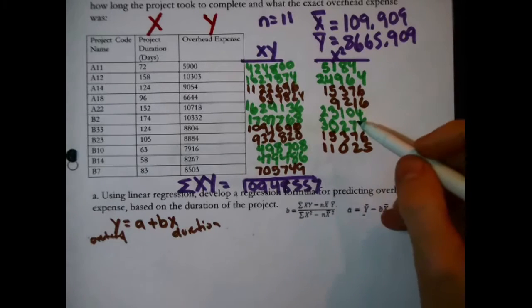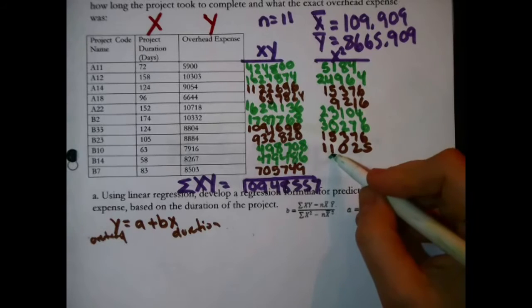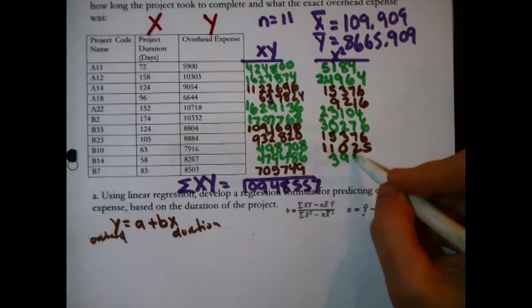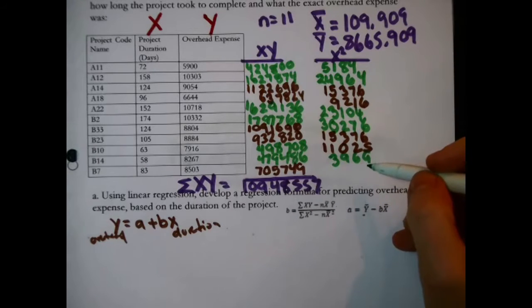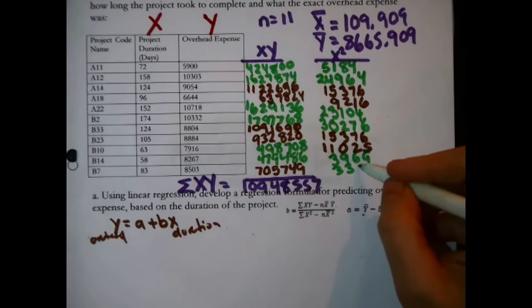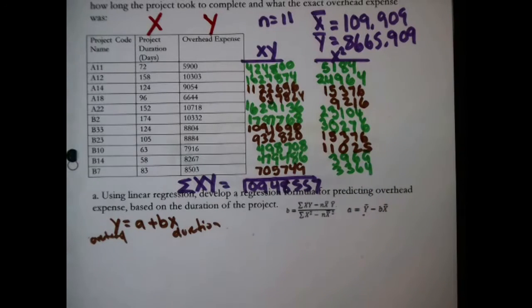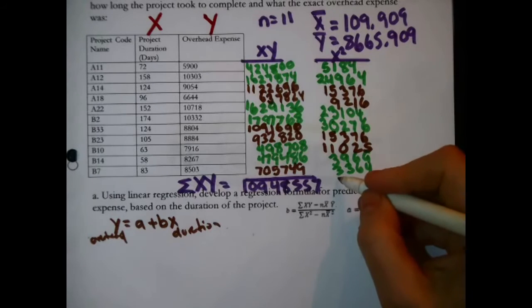For the project after that, 63 squared is 3,969. And for the second to last project, 58 squared is 3,364. And for the 11th project, the bottom row of the table, square the x, 6,889.